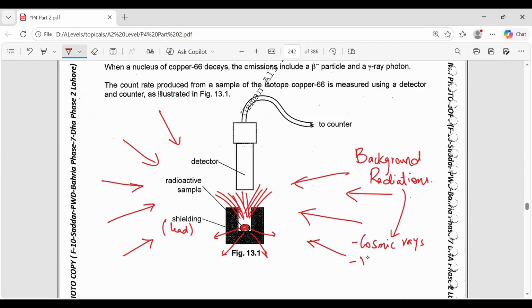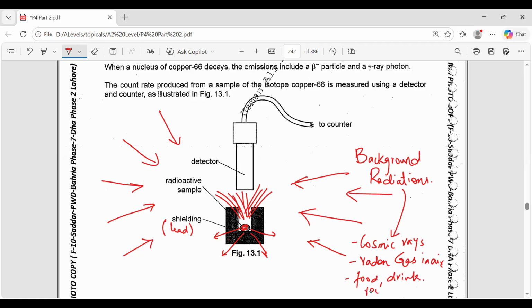They can be due to radon gas, because radon itself is radioactive. It can be due to food, drink, rock, soil, buildings, all of which have radioactive material in them.